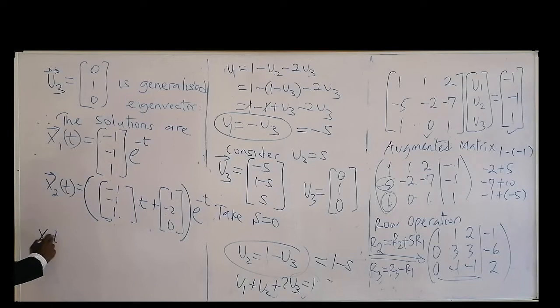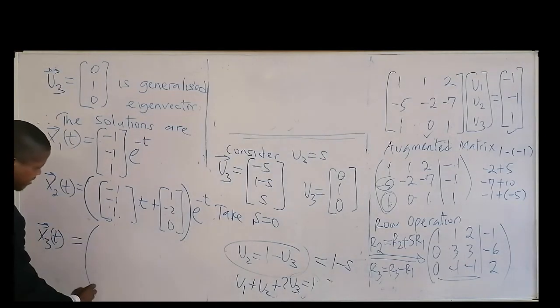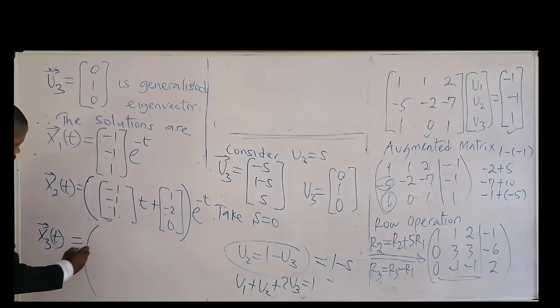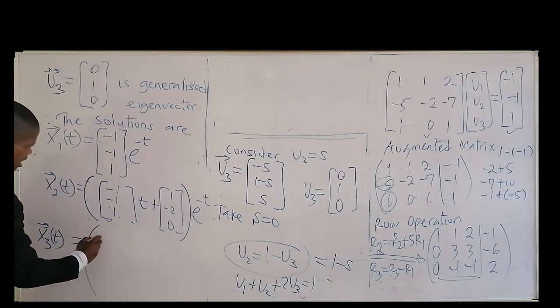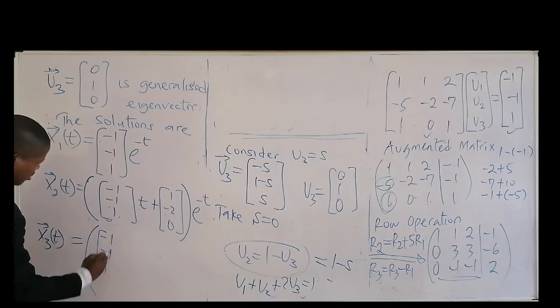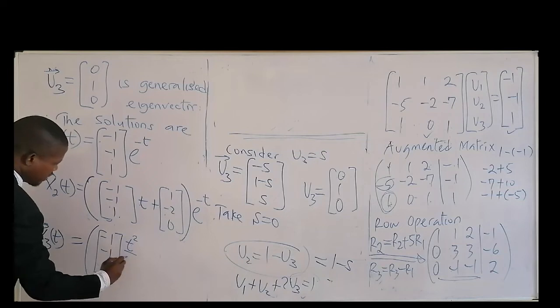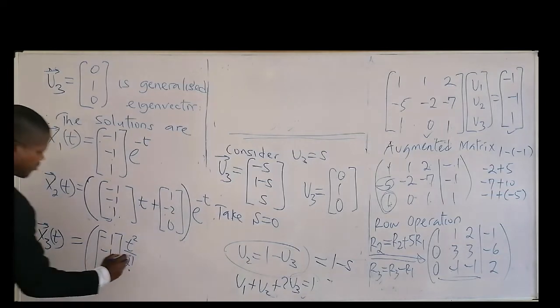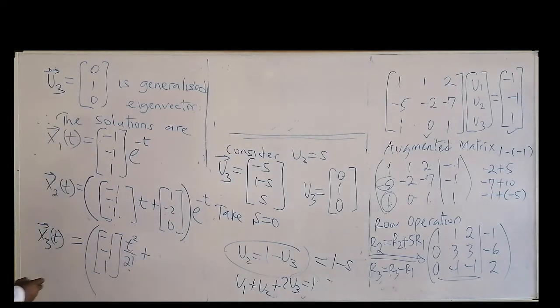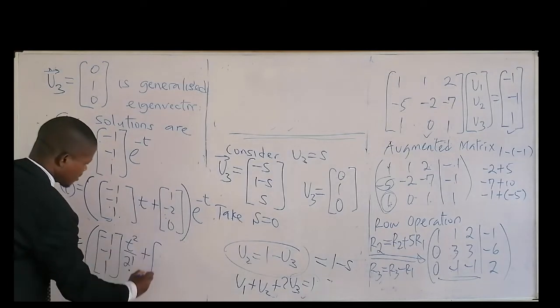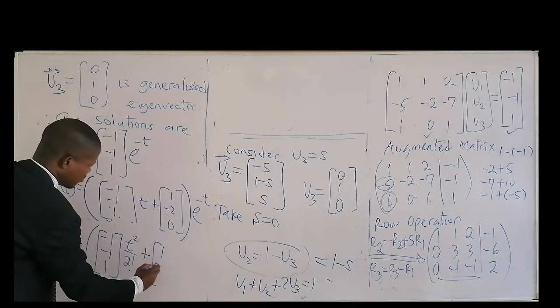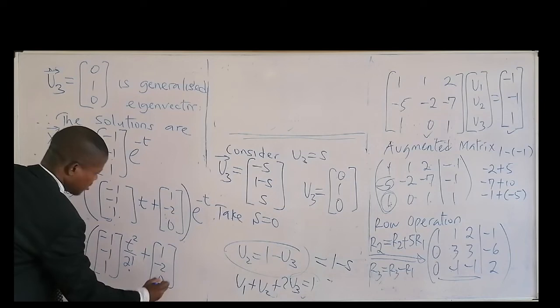Solution three is, open your big brackets, and that will be equal to U1, which is this one, then t squared over 2 factorial, then plus the U2, which is this one, 1, minus 2, 0, times what?